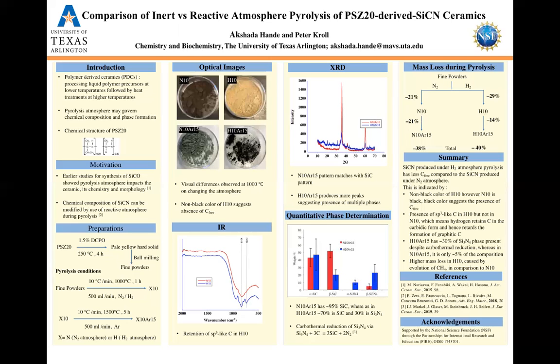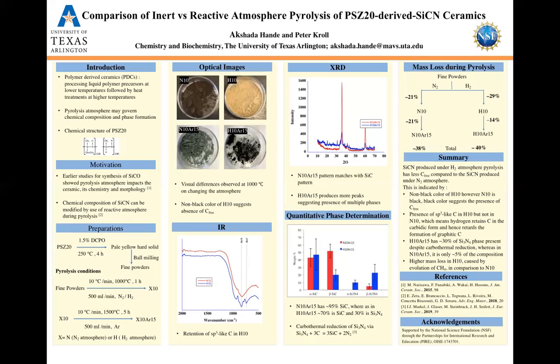As we have 30% Si3N4 in the sample pyrolyzed under hydrogen, it means there was not enough free carbon present for the carbothermal reduction.